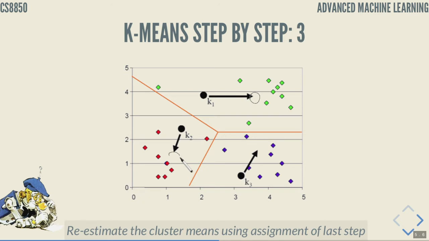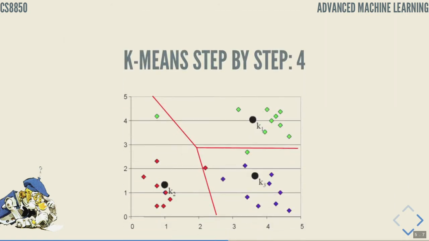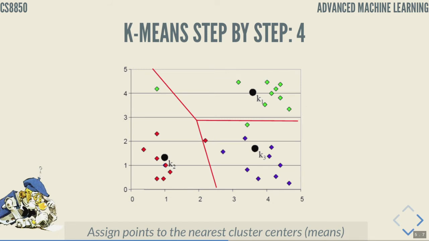And we updated our cluster centroid. That's a step in the iterative process. So we re-estimated the means using assignments from the last step.